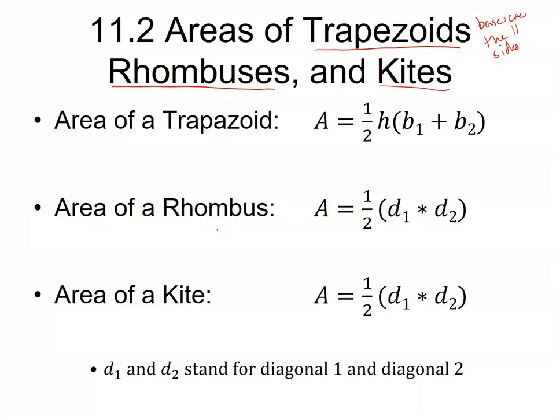So going back to chapter 8, some of the properties we learned about those shapes. So when you have a rhombus, one thing that we talked about is that the diagonals are perpendicular.